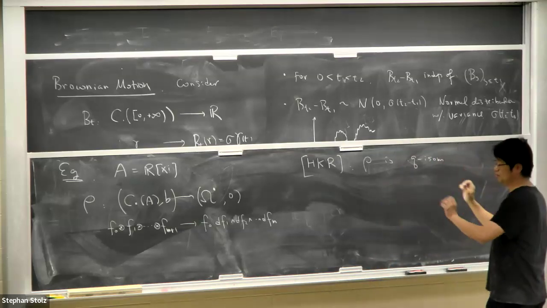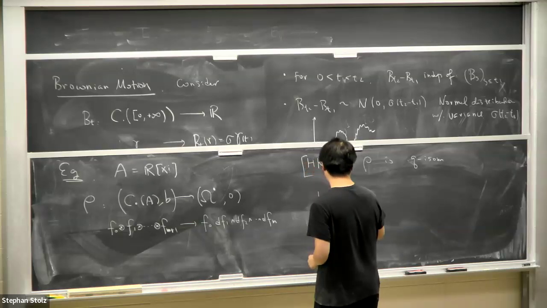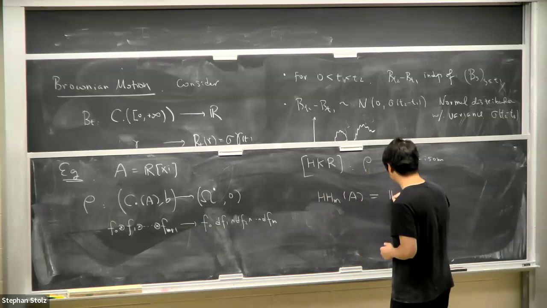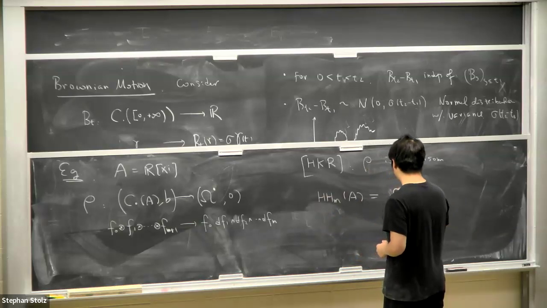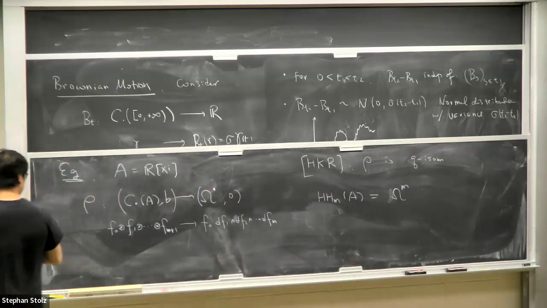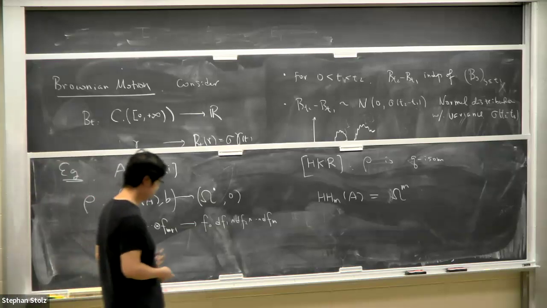In particular, if you compute the Hochschild homology of the polynomial ring, it's going to be the n-forms in these variables. And that's why, in general, if you have a non-commutative ring, that will play the role of differential forms in this non-commutative world.